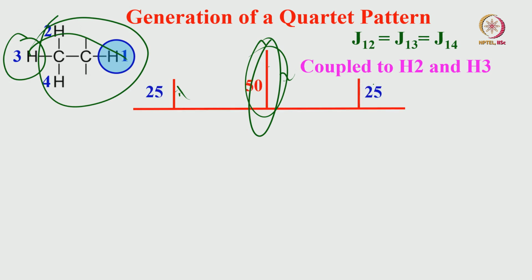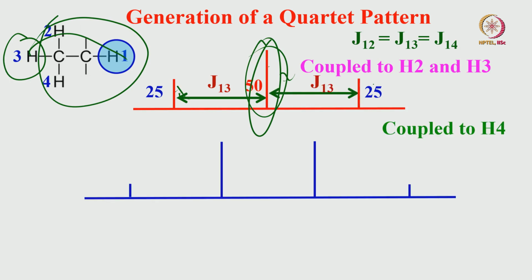Now what I am going to do is bring in one more coupling, that is to H4. When H4 coupling is brought, again this will split into two peaks, this will split into two peaks. This 25 intensity became 12.5, here 12.5.